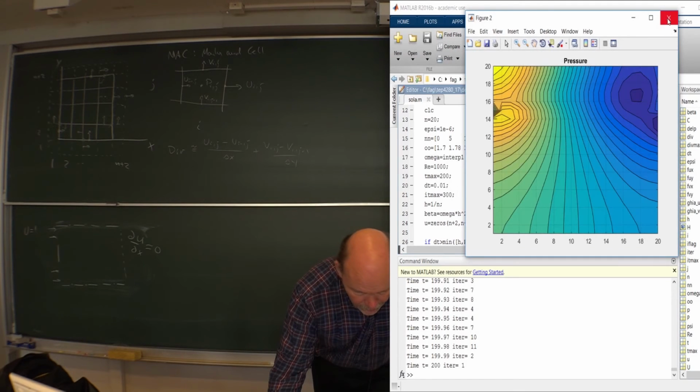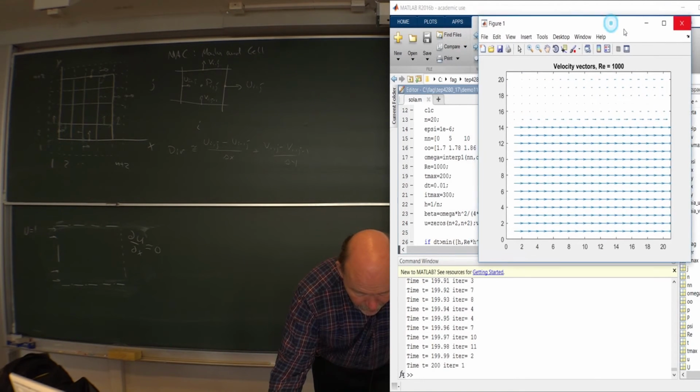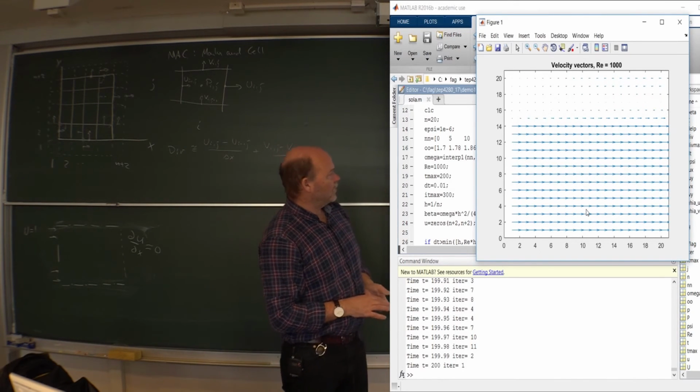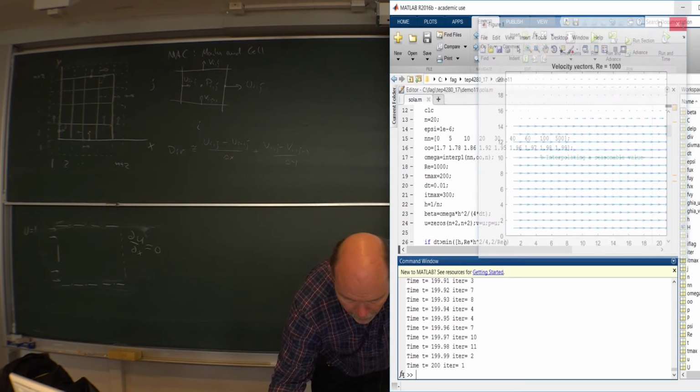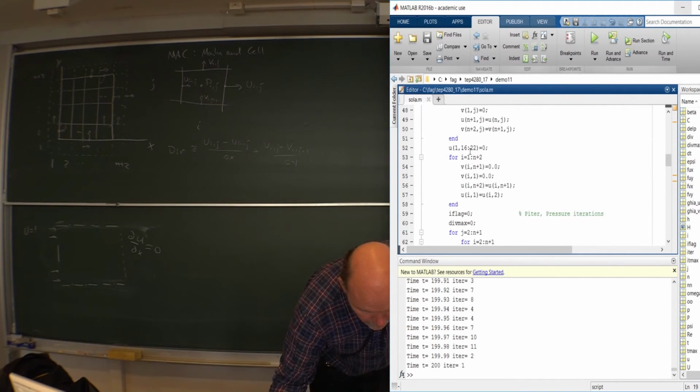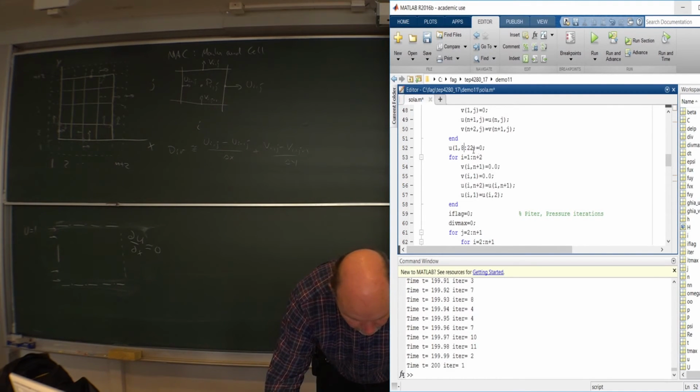Stream function looks a little strange. Pressure now a little bit different, and the velocity, well, I put the 0 a little bit too high. Let's put him more in the center and try again. Let's say from 8 to 12 or something.